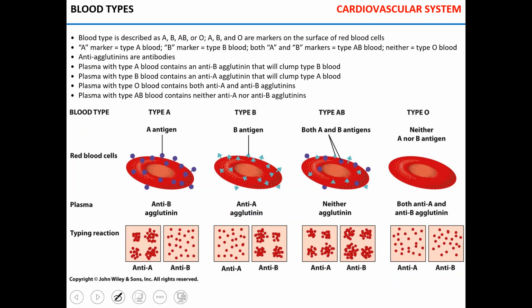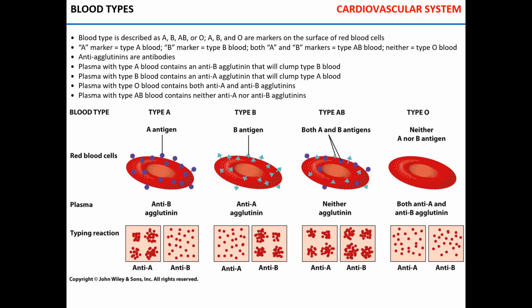You're well aware of so-called blood types. So there are many blood types, first of all, but the blood group that we're going to be talking about is so-called ABO blood group. And it is described by the presence or absence of certain markers on the surface of the red blood cells.